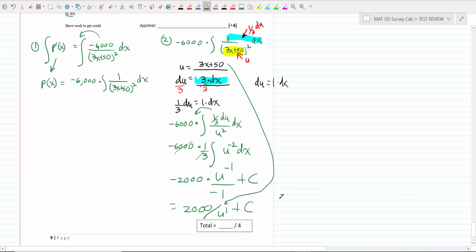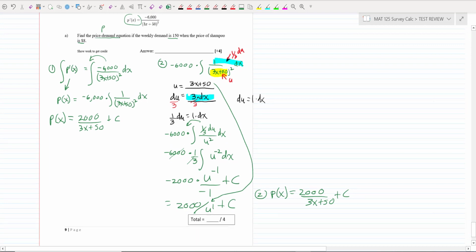So the result of step 2 is you would have p of x equals positive 2,000 over 3x plus 50 plus c. Now that's a u sub integral. So I'm going to go back to step 1 and write that down. So I have the price demand function, the general solution of this differential equation is going to be this. Okay, so we're about halfway done now.